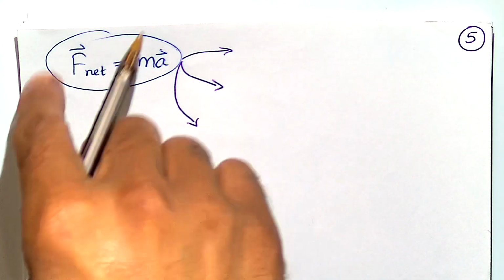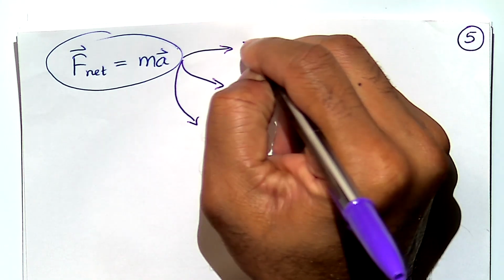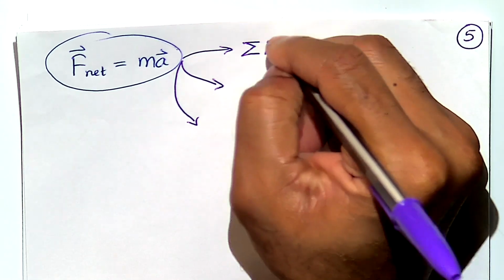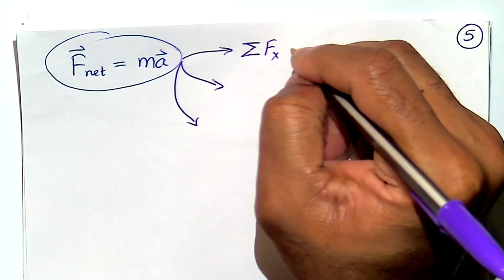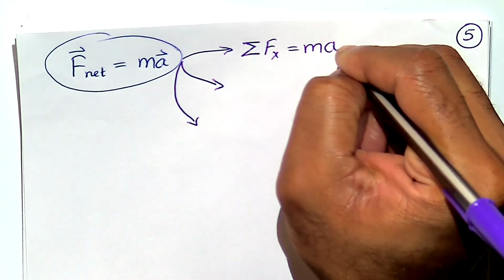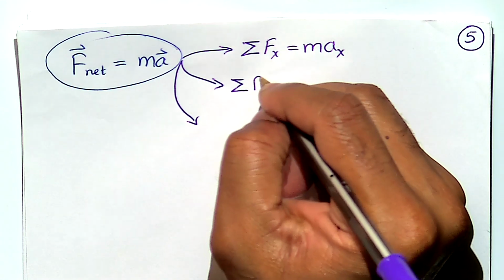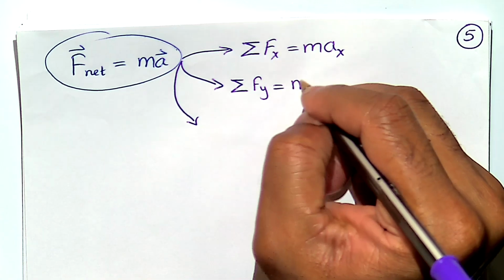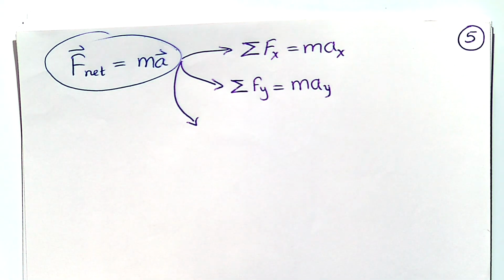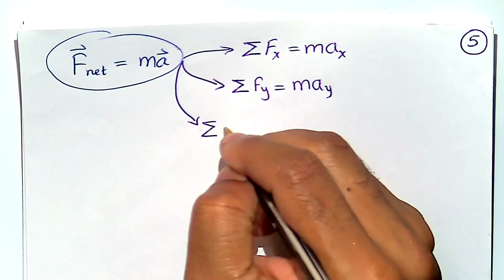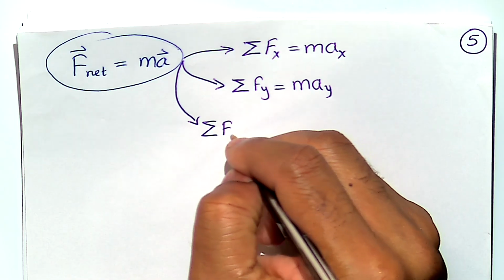When we say F equals ma, what we're really saying is you need to sum up all the forces in the x direction, and that's equal to the mass times the acceleration in the x direction. You sum up all the forces in the y direction, and that's equal to the mass times the acceleration in the y direction. And you do that with the z direction, if there is a z direction.